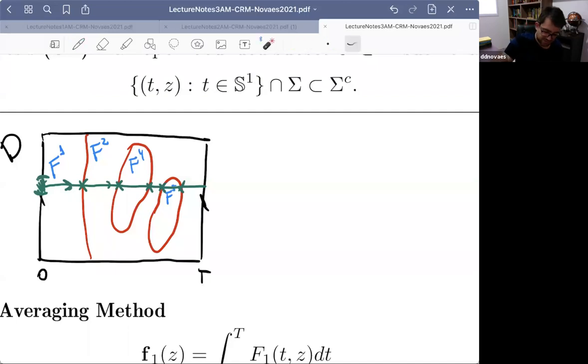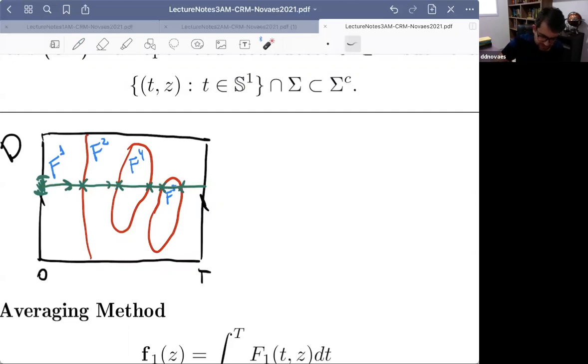Note that this straight line is an orbit of the unperturbed system, because the unperturbed system is x dot equal to 0, so the constant functions are the solutions of the system.